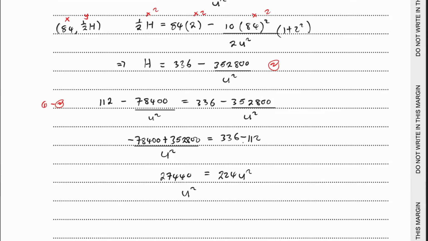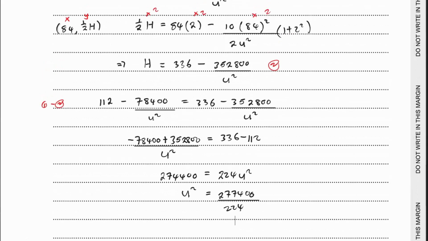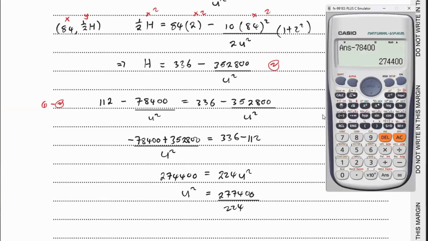So u squared is 27440 divided by 224. Okay. And we're going to do the square root of this. All right. So I'll just say the square root of that over 224, and we get 35.